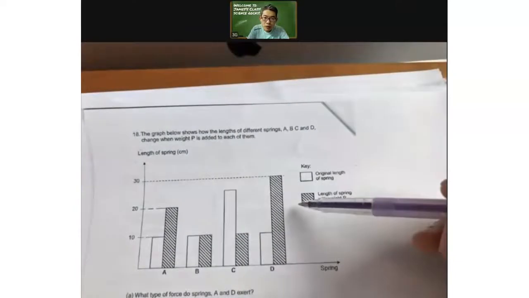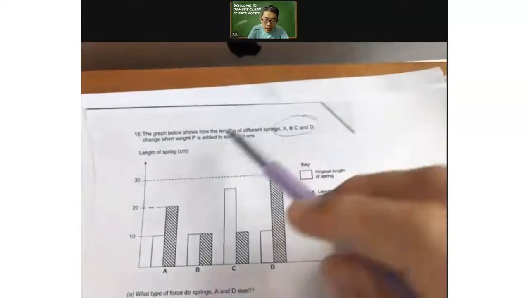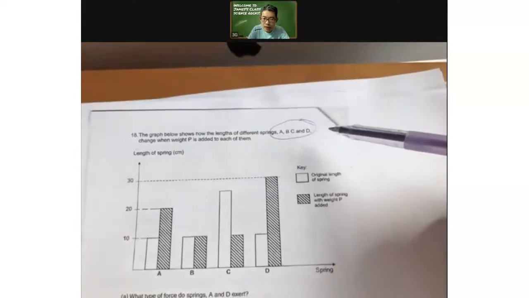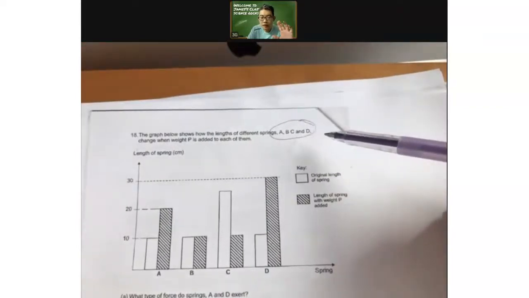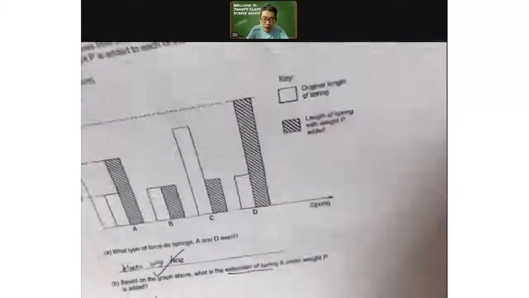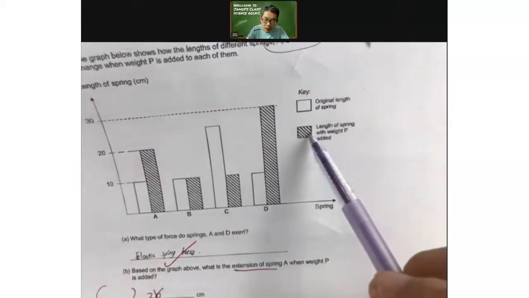Here we talk about springs. Different length of springs when adding P to it. Now these are 4 different springs. So you will understand that if the springs are different, the elastic spring force will be different when you stretch them differently. And now this bar graph has 2 parts, a shaded part and an unshaded part. The shaded part tells you the change to the length of the spring when you add the P, and this tells you the original length.